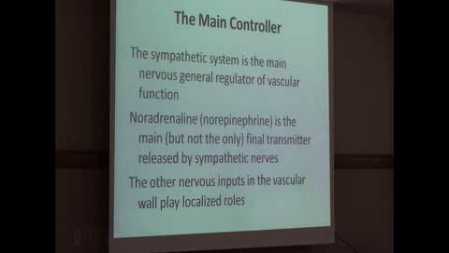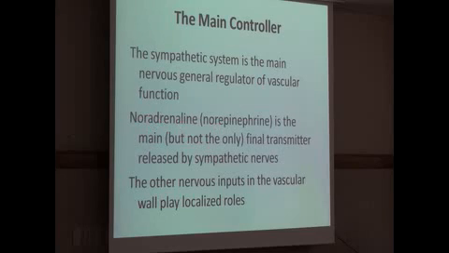And we had told you that the sympathetic nervous system is truly the main controller, the main instantaneous regulator of the vascular system. And we will see that in a second.